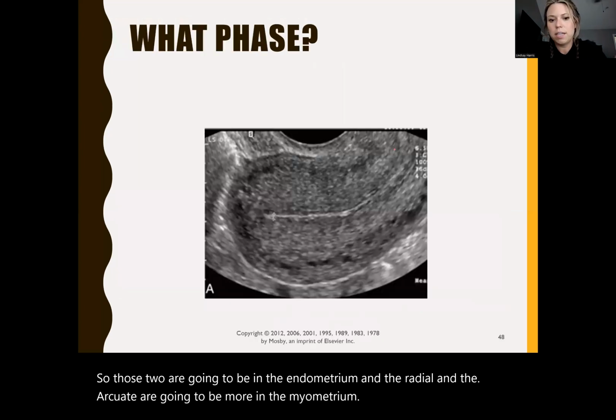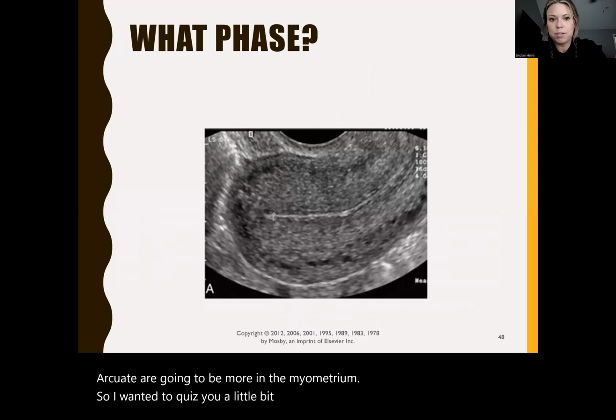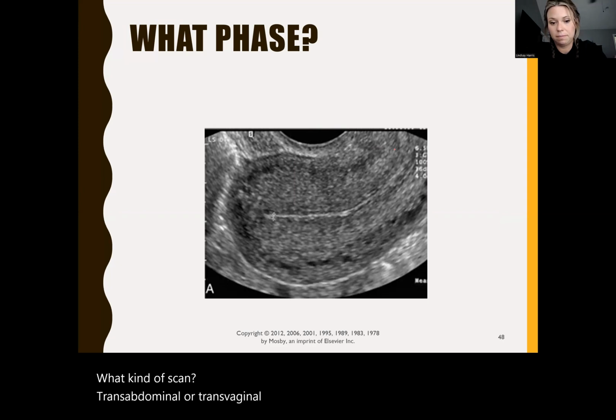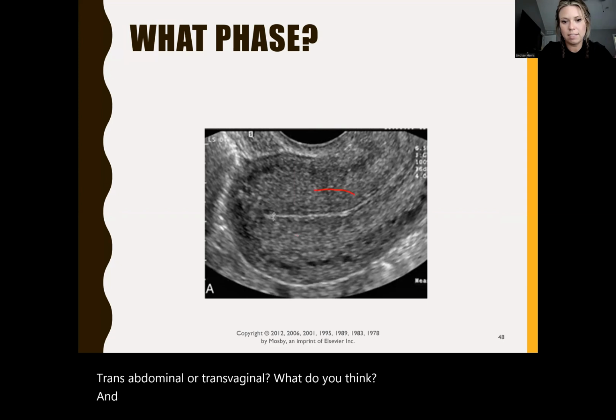So I wanted to quiz you a little bit on your endometrial phases. This is what kind of scan? Transabdominal or transvaginal? What do you think? And what phase do you feel like this is?